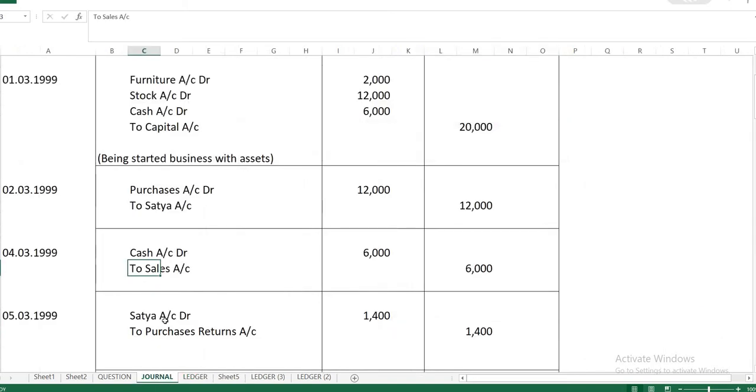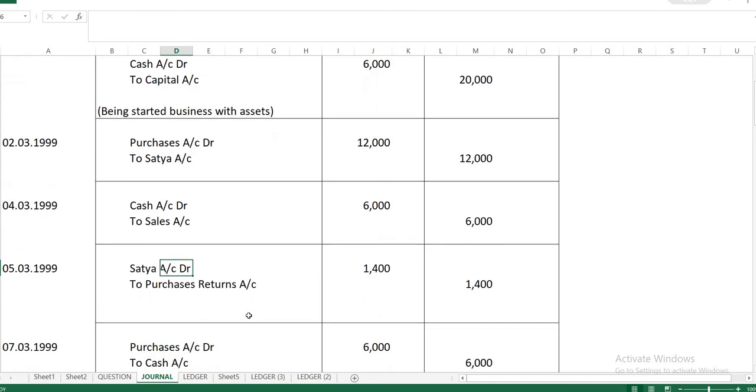And next, moving on to the next transaction, Satya account debit to purchases returns account. In the Satya account you will be writing "to purchases returns account" on the debit side, whereas when opening the purchases returns account you have to write "by Satya account" on the credit side.